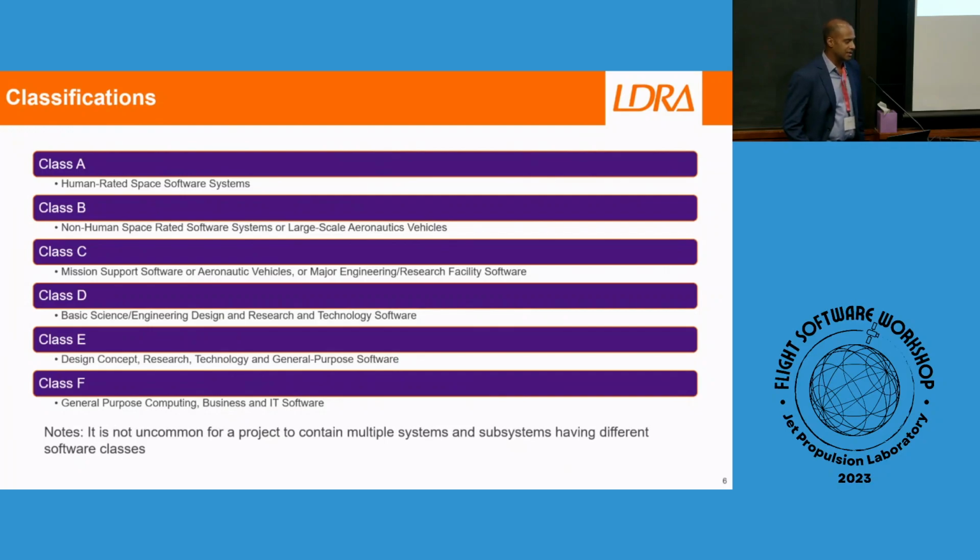Class B and C systems relate to non-human rated ground support software as well as engineering and simulation software. So the idea is you should have some kinds of verification and validation practices in all of your software, but there are certain things that are more highly recommended for human space systems.